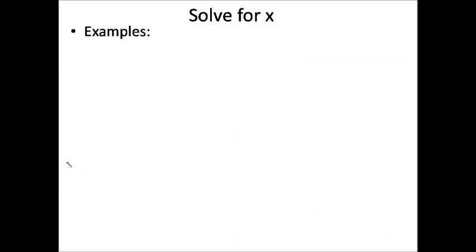We can also use that to solve for x. So for example, if I have x over 3 is equal to 2 over 5. Okay. I'm going to cross multiply.